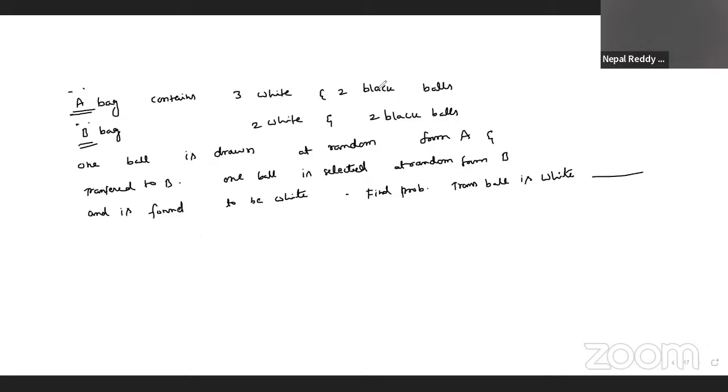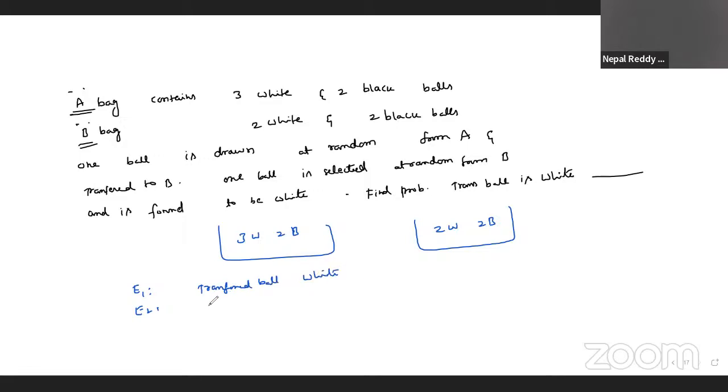Given that a bag contains 3 white, 2 black, another bag contains 2 white and 2 black balls. Suppose that events E1 and E2: E1 is the transferred ball is white, E2 is the transferred ball is black.